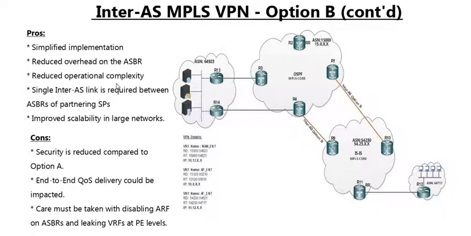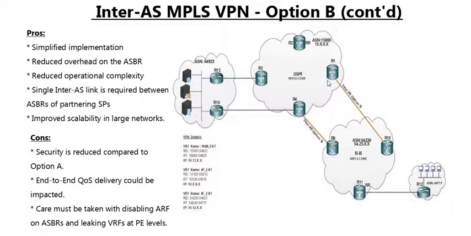The other one is that you are able to reduce the overhead on this particular router from the perspective of having to keep separate VRF tables per customer, and it means that you can save yourself a lot of memory consumption on this router.